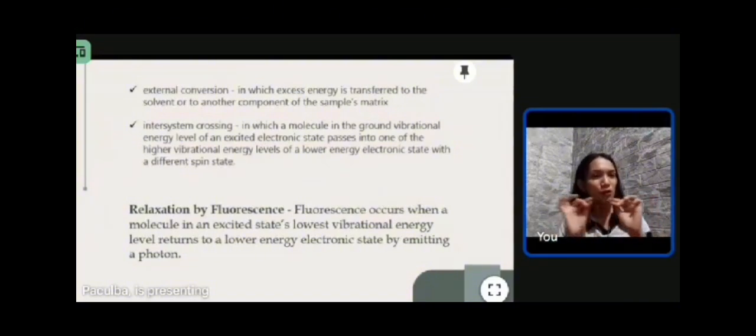As it releases light, it slowly fades. That is the process called relaxation by fluorescence. The process of releasing light and the process of calming and emitting the light is what we call relaxation by fluorescence. Other topics will be discussed by my colleagues.